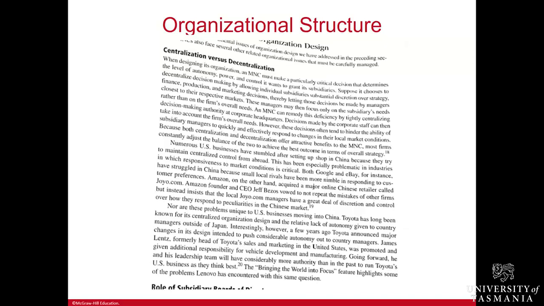And it also says that Amazon, on the other hand, acquired a major online Chinese retailer called Joyo.com. Amazon founder and CEO Jeff Bezos vowed to not repeat the mistakes of other firms, but instead insisted that the local Joyo.com managers have a great deal of discretion and control over how they respond to the peculiarities in the Chinese market.